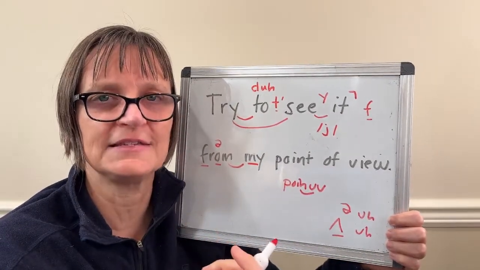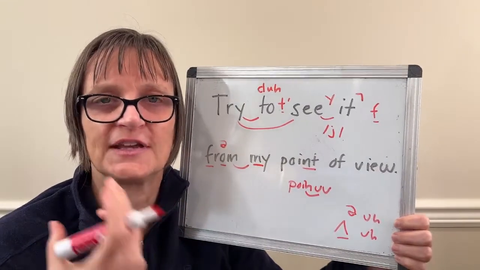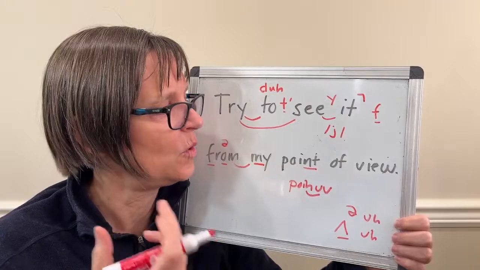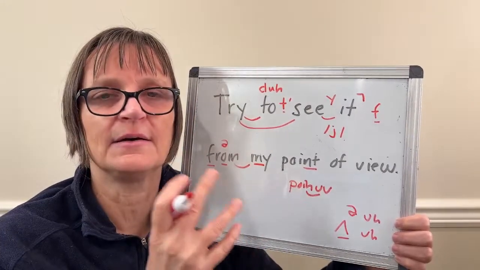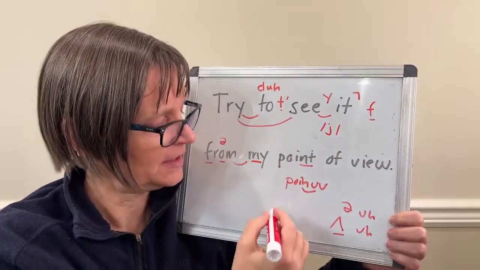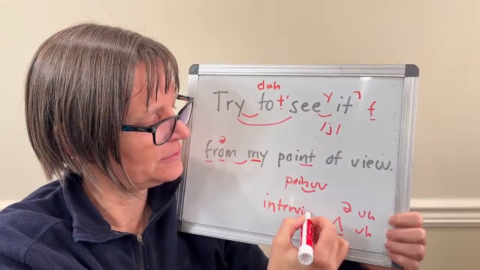You can say the T. Typically in words that end with NT, we either say a true T, like "can't," "don't," or when we're linking, we can drop that T: "point of." So an NT in the middle of a word, like in "interview," same thing.